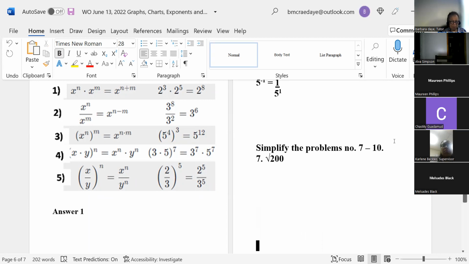Alva, can you think of factors? 2 numbers, let me just put 200. I'll just put parentheses. Okay, and now you just tell me what goes in the parentheses. What are 2 numbers I can multiply and get 200, one of the numbers having a perfect square root?